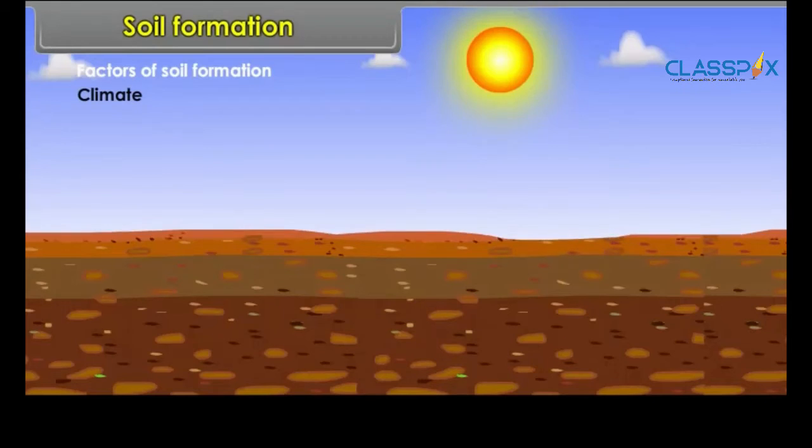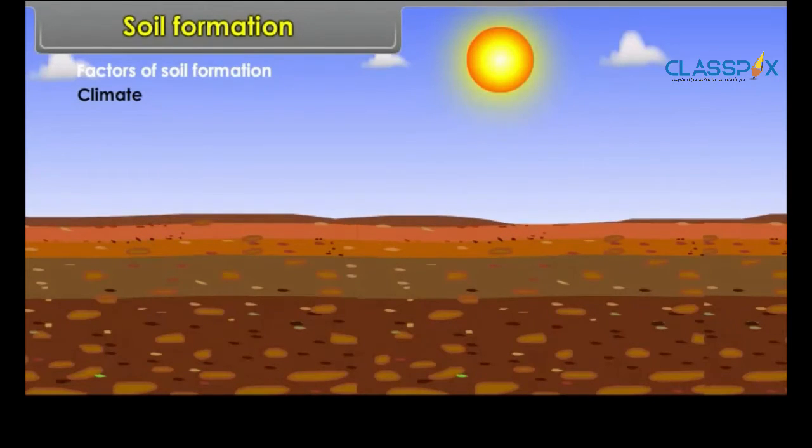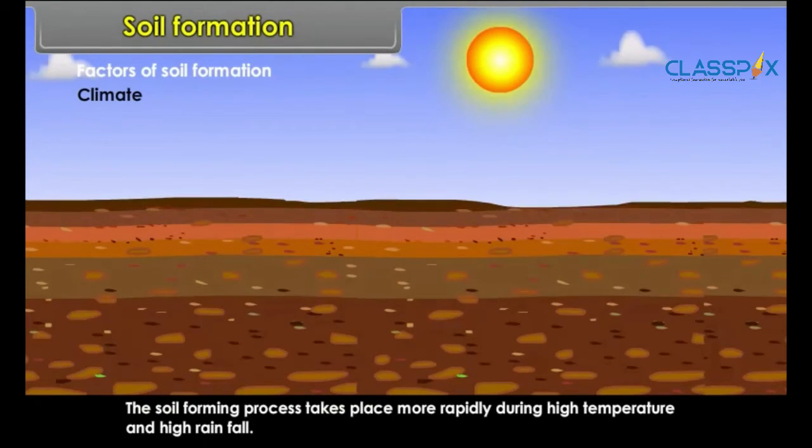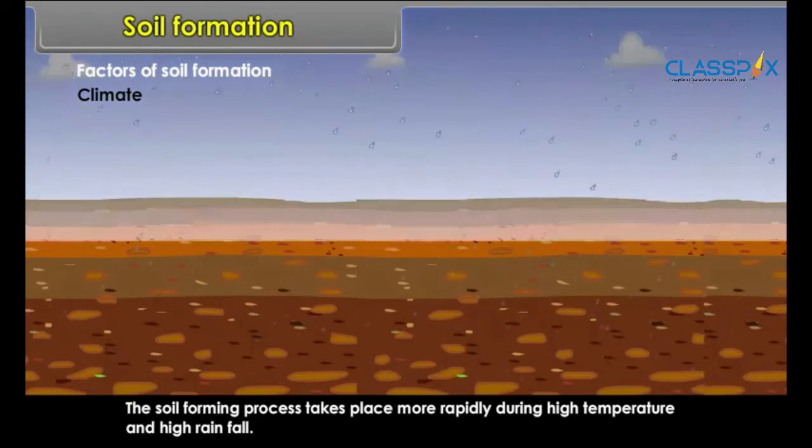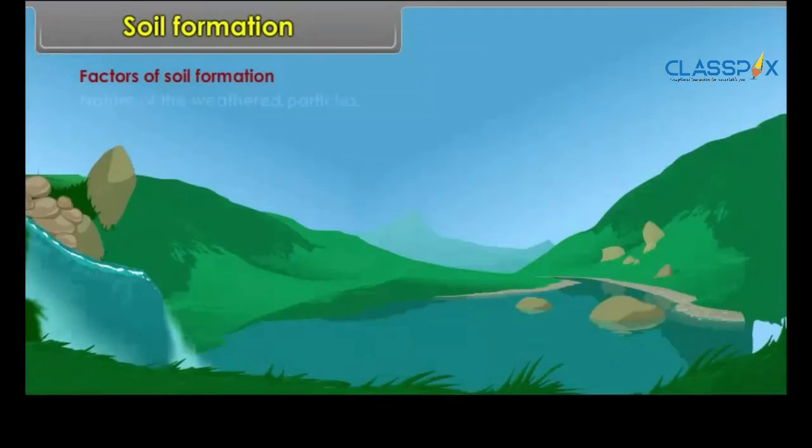Factors of soil formation. Climate. The soil forming process takes place more rapidly during high temperature and high rainfall. Nature of the weathered particles.